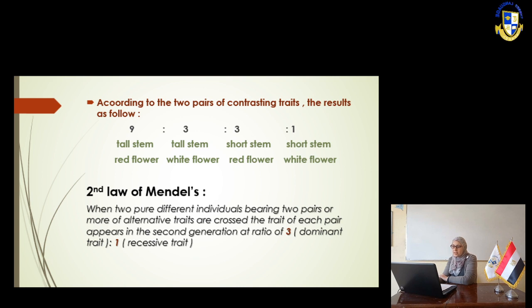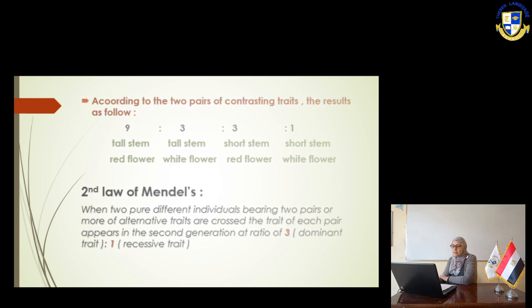This is the percentage according to the two pairs of contrasting traits. The second law of Mendel: when two pure different individuals differing in pairs of alternative traits are crossed, the trait of each pair appears in the second generation in the ratio of 3 dominant traits to 1 recessive trait.